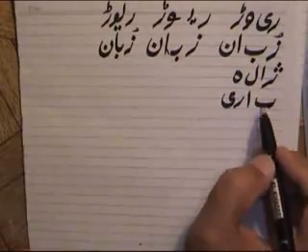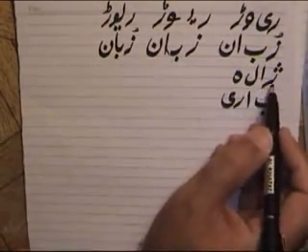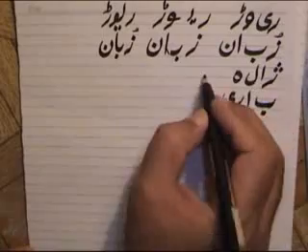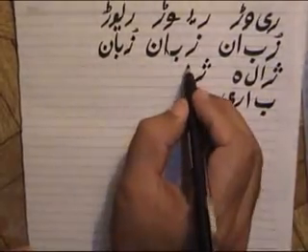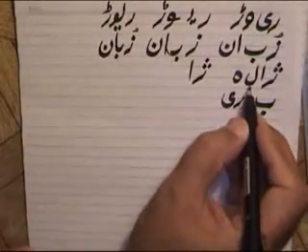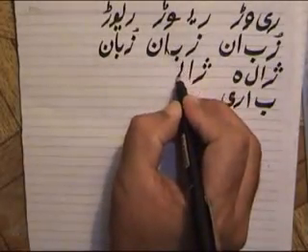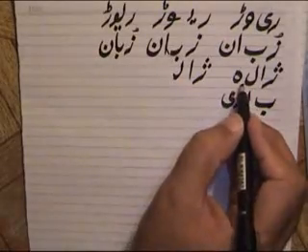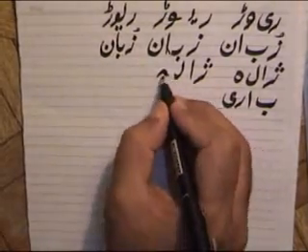So Jala Bari. So Jala, we'll write it like this: Ye independent because non-connector, Alif is independent, non-connector, Lam is connector, so it will assume the initial position, and then He is connector, so we will connect He with Lam.